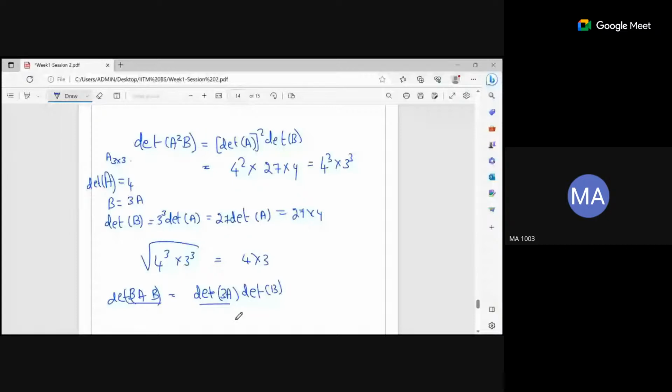Yes, ma'am. Let x1 and x2 be solutions of the system Ax equal to b. Which of the following options are correct? Is that what you are asking? Yes, ma'am.